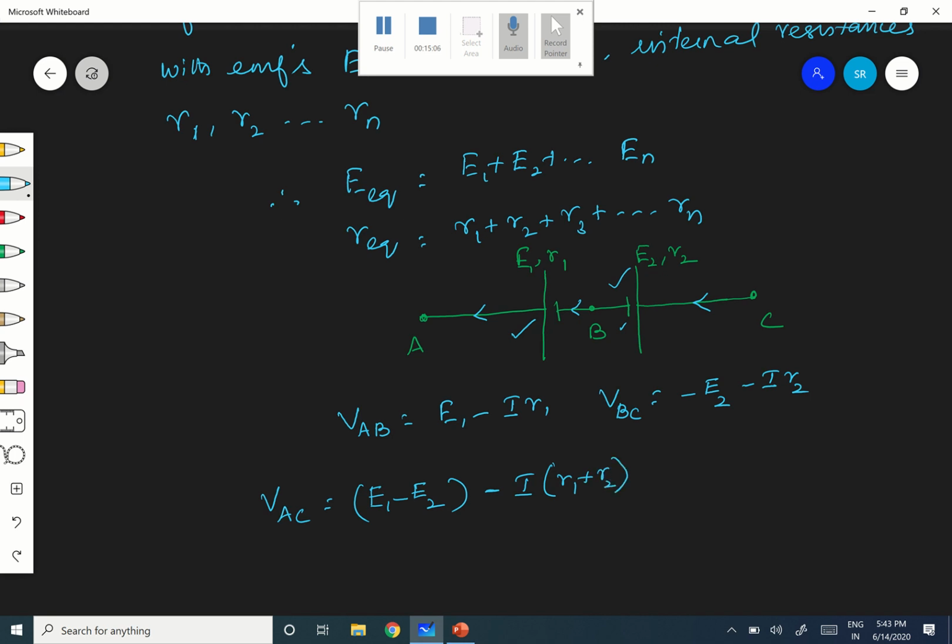Resistance doesn't have plus or minus. Therefore, the net internal resistance is nothing but the sum of the individual internal resistances.